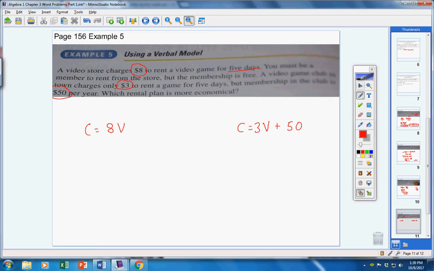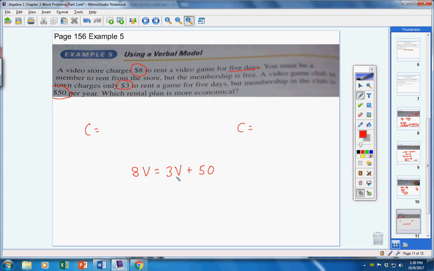Then what you do, students, is you pick up these two equations, these two right sides, and you set them equal so that you find the number of videos to rent that would break even, like where the two stores would cost you the same.